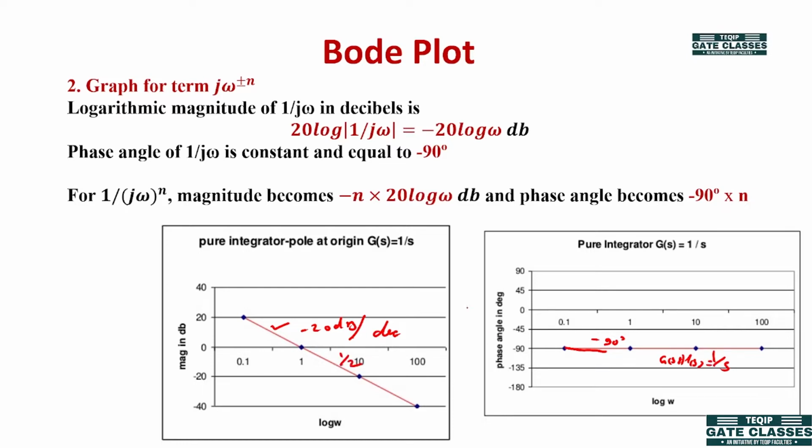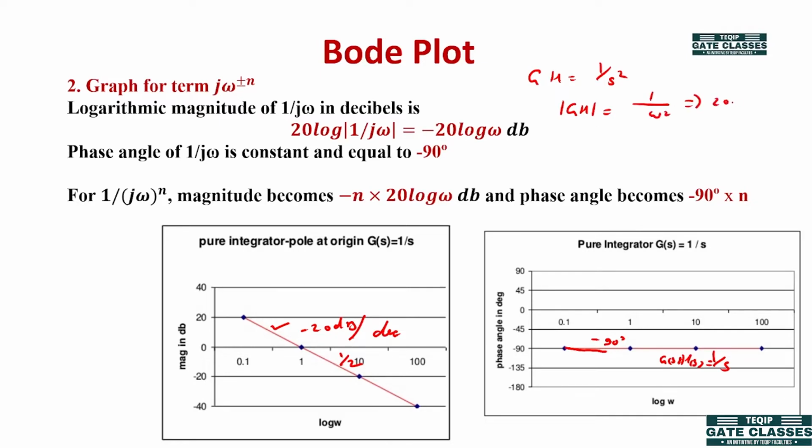Okay, so if we have two poles at origin, GH is equal to 1 by S square, or the magnitude of GH is 1 by ω square.